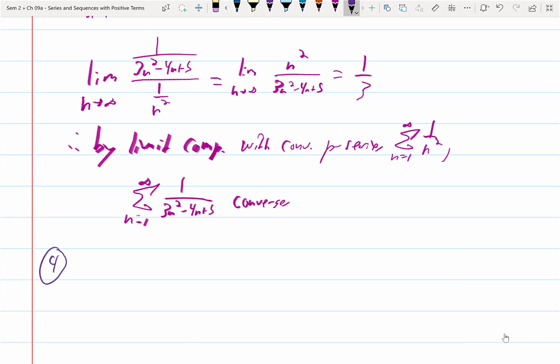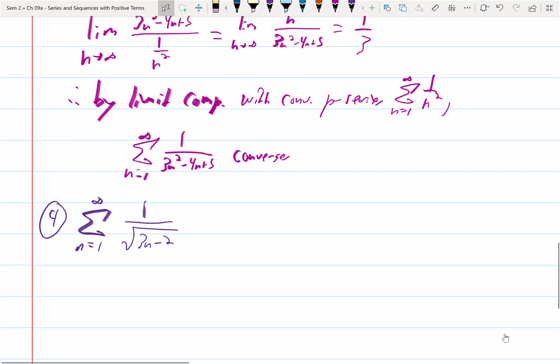Three more. We're going to make it. Okay, 1 over root 3n minus 2. Compare that one to, yeah, 1 over n to the 1/2.